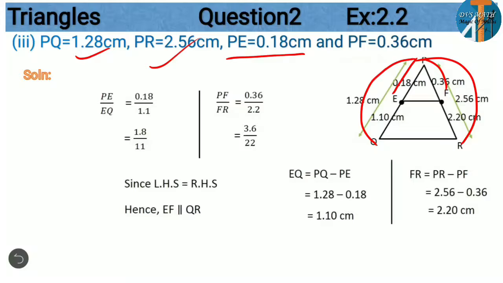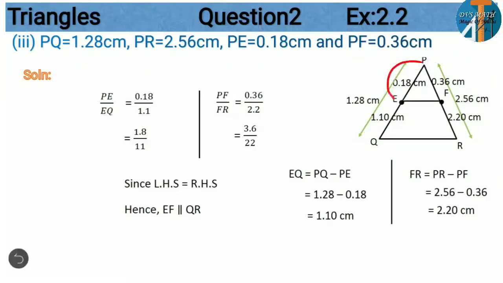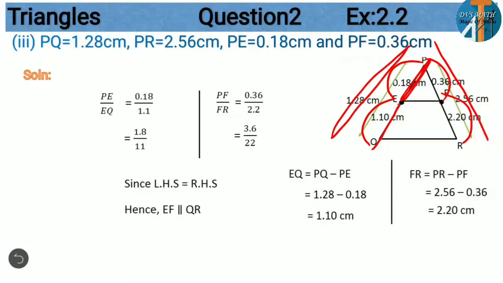If you want to consider the ratios, you have to consider PE by EQ, PF by FR, right? Their corresponding sides are in the same ratio. At the time, to find EQ, from the total they have given, if you subtract PE, you will get EQ. In the same case, from PR, if you subtract PF, you will get FR.